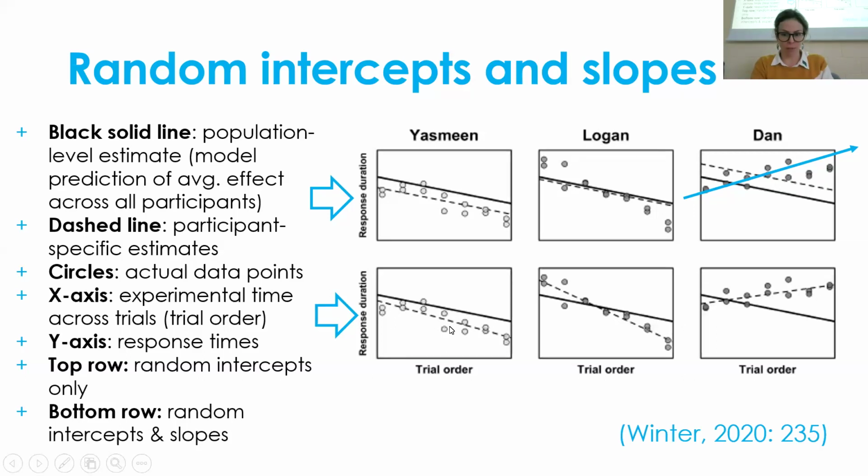The line of best fit for Yasmin is not very different between the top and bottom panels. For Logan, it is quite different because now that we can change the angle of this line, we can better capture the top and the bottom set of data points, those circles here and here. And perhaps the highest improvement we can see is in Dan.